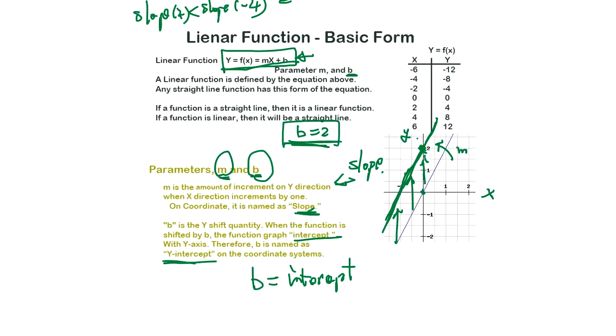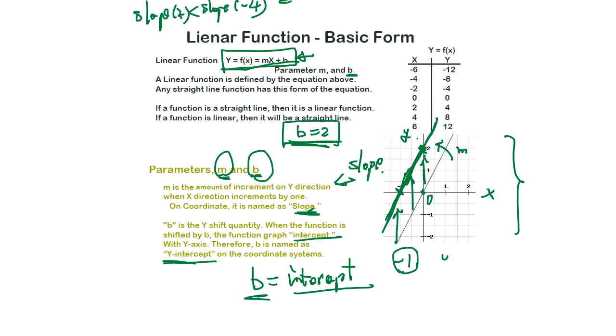In this example, you look at this. This is slope 2. If y is 2, the x-intercept is negative 1, right? This is 0, 1, 2. This is negative 1. So x-intercept is negative 1. Okay, that's a good question.